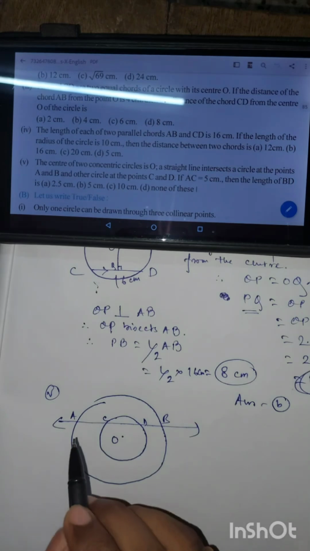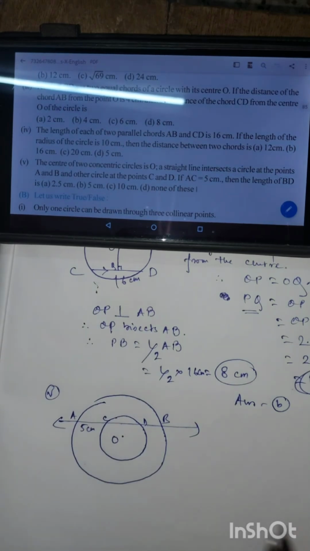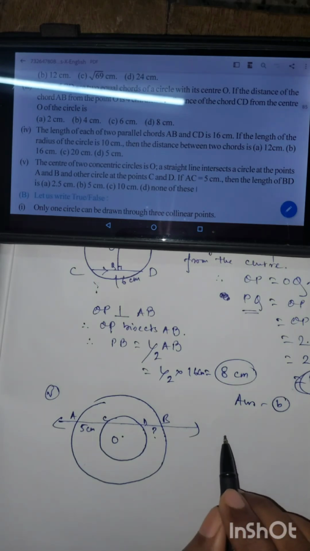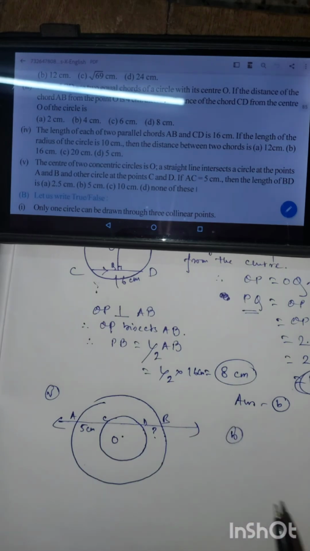If AC is 5 centimeter, then the length of BD will also be 5 centimeter. So option B is correct.